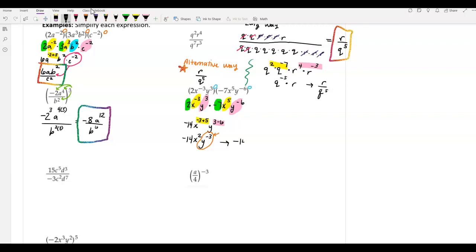So negative 14x squared is actually going to be our numerator, while that y cubed comes down over here and becomes positive when we put it in that denominator. So it's very important that when we're moving things between our numerator and our denominator, we're actually changing its sign. If it's negative, it becomes positive. Positive becomes negative. But that only refers to the exponent, not the coefficient.